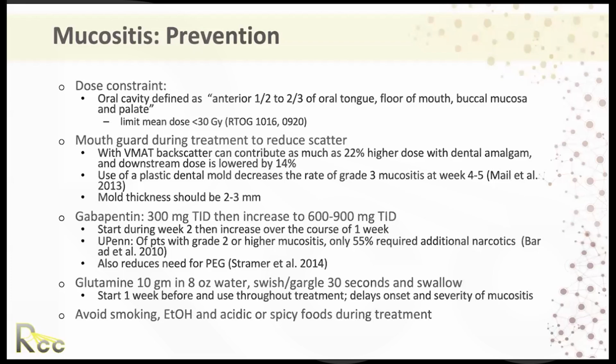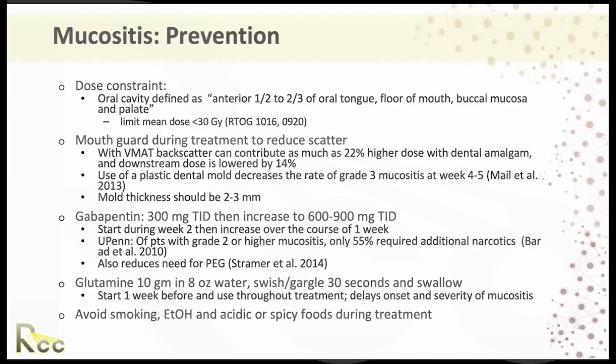I think this has now been shown in multiple studies to really decrease the volume of grade 2 or higher mucositis and the severity of mucositis in general. It's been shown to decrease the need for opioids and the need for G-tubes in patients. So that's something that you can do.